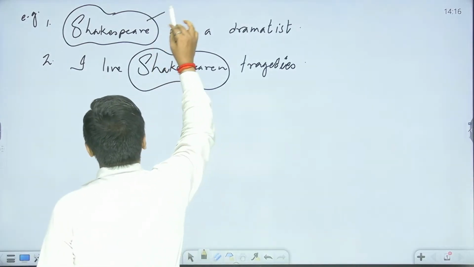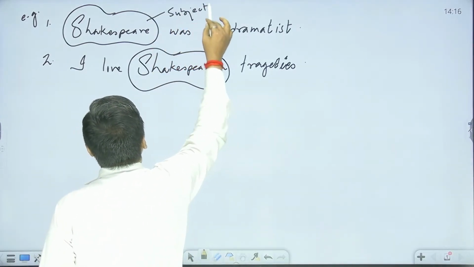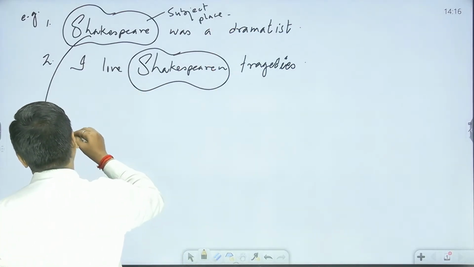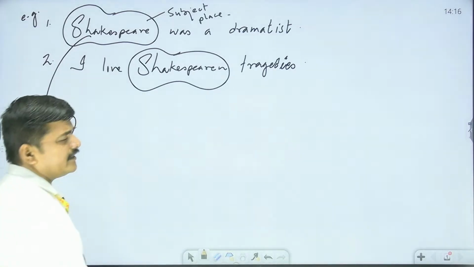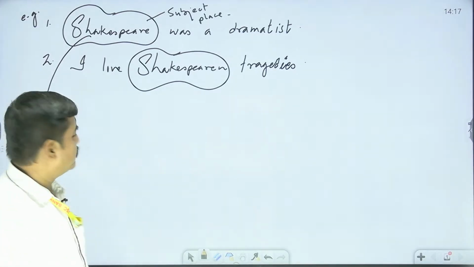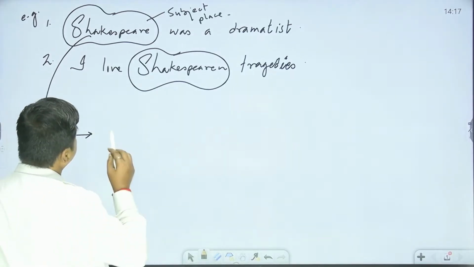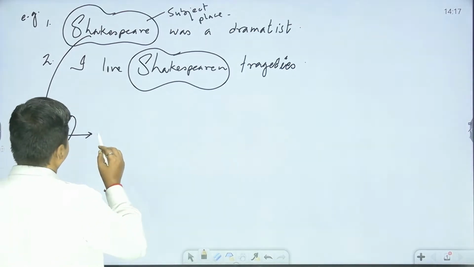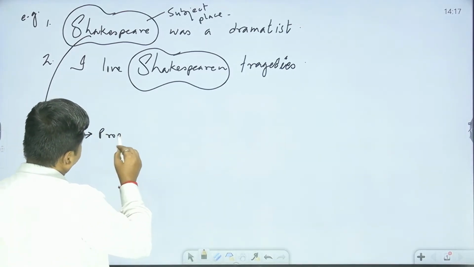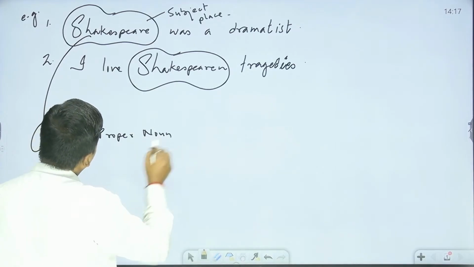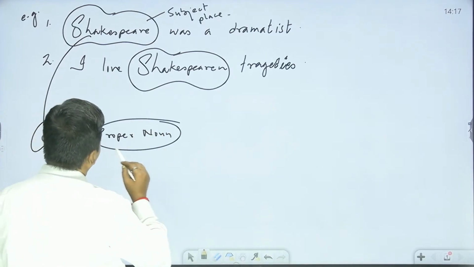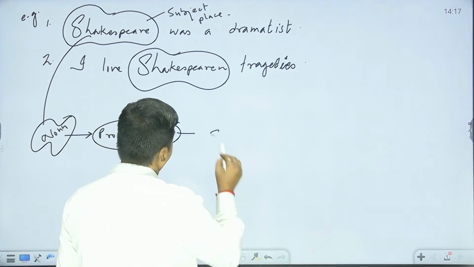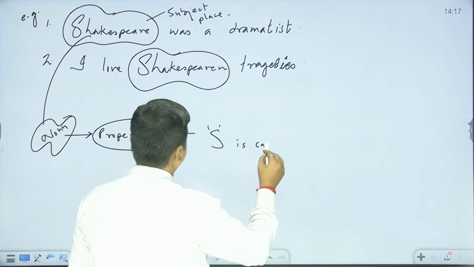This Shakespeare is in the subject's place, so you can say that this is a noun, from the earlier concept that we discussed. In a noun you can say that this is the name of a particular person, so it is a proper noun. And because it is a proper noun, it starts with a capital letter. That's why S is capital.